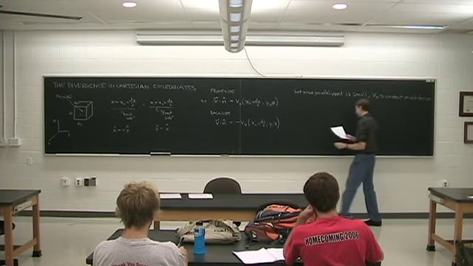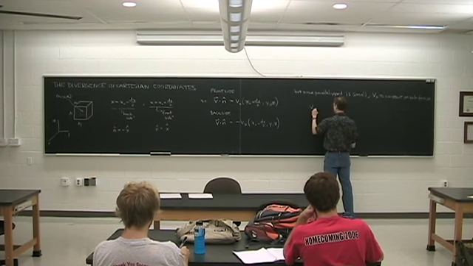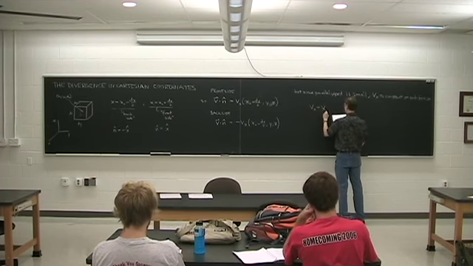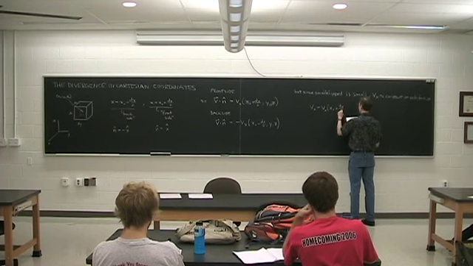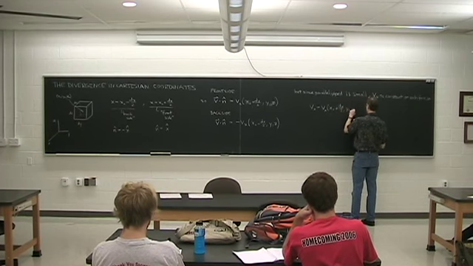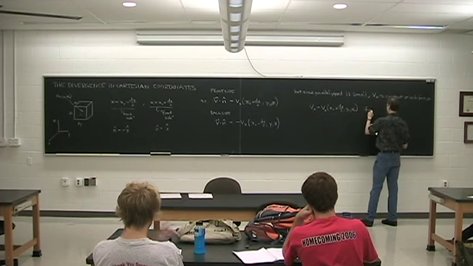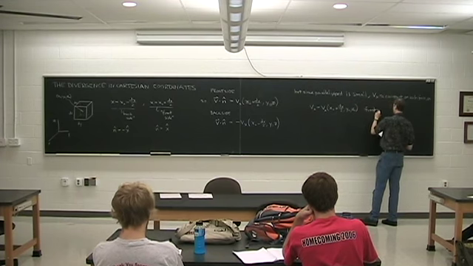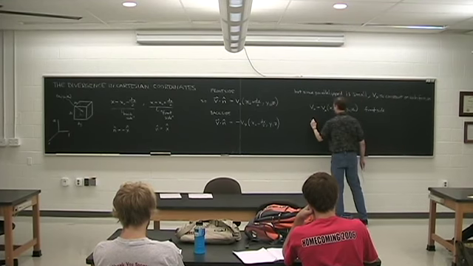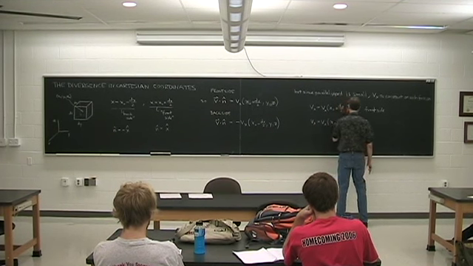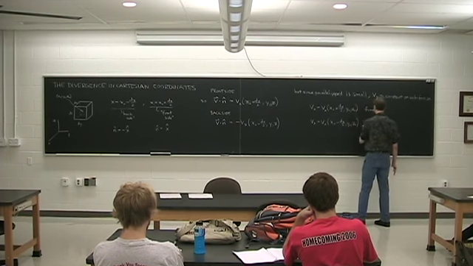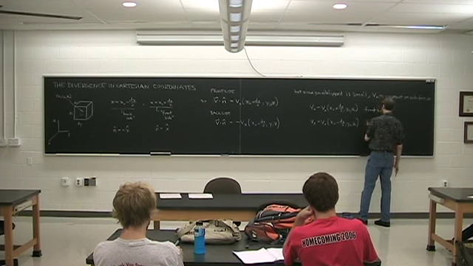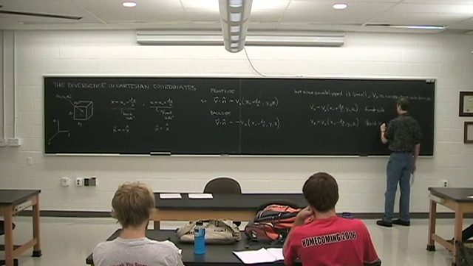So therefore, we can say that v sub x is v sub x evaluated at x naught plus dx over 2, y naught, z naught on the front side. And same thing, but with minus dx over 2 on the backside.